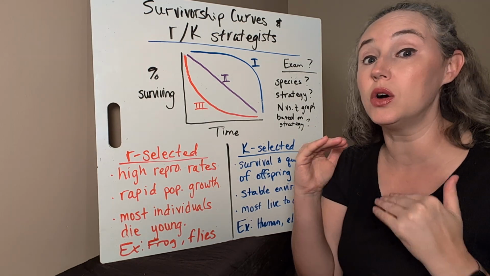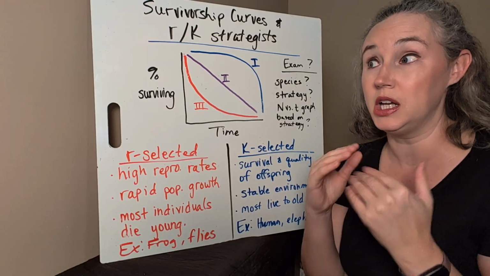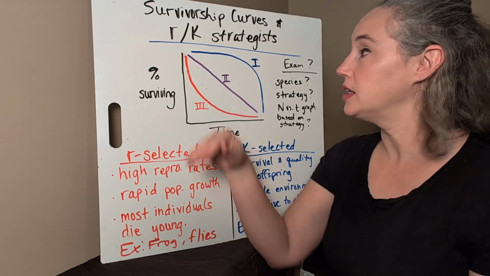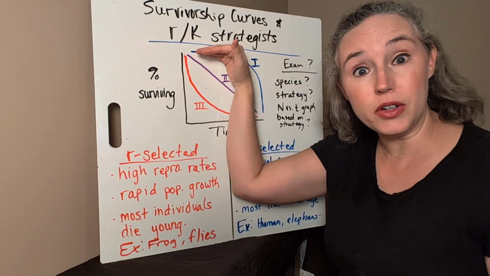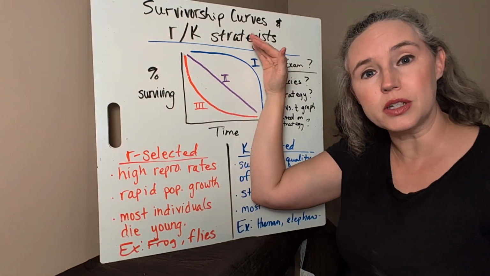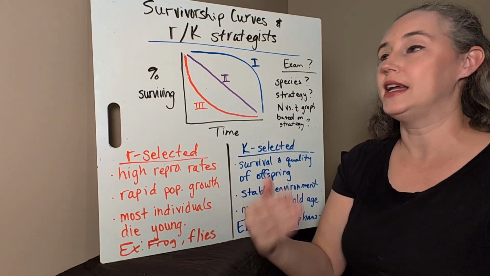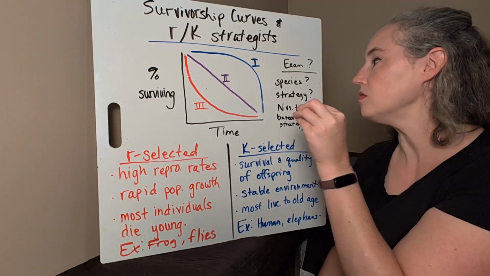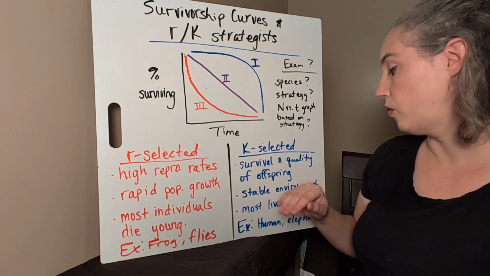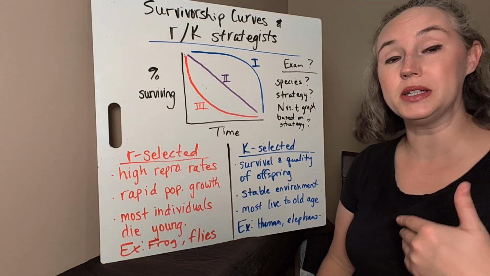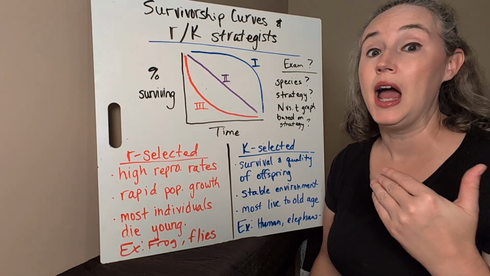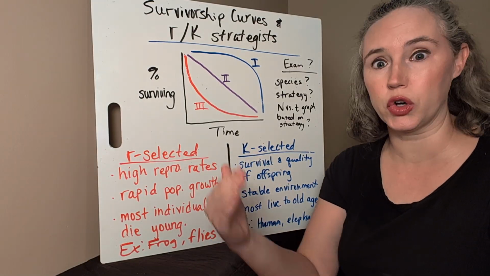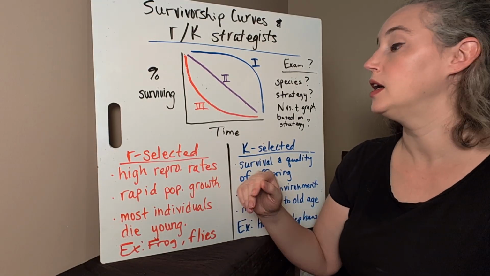So they will usually have a lower reproductive rate, so they'll have fewer offspring, but the likelihood that that offspring is going to survive into old age, reproduce, and then die is the most likely outcome. Most live to old age. Some examples of this are humans, elephants, larger mammals that have internal reproduction.